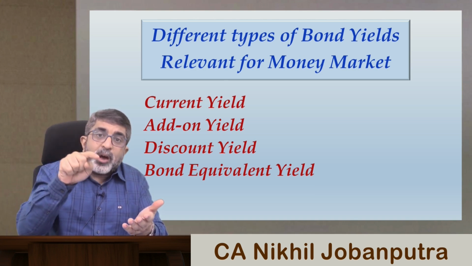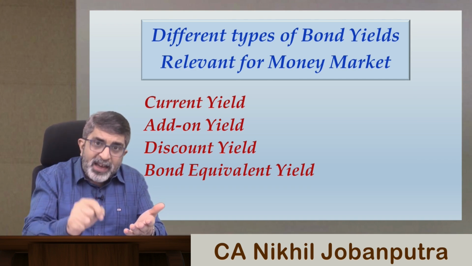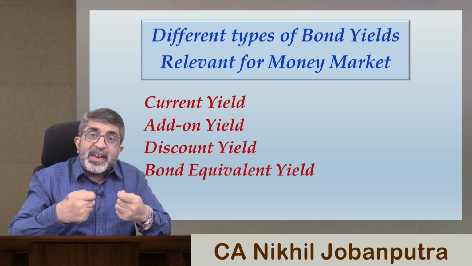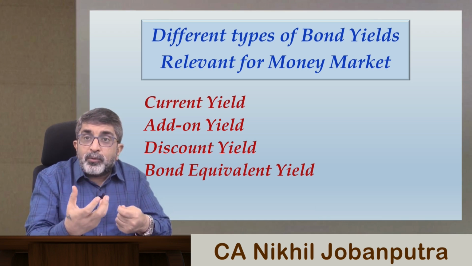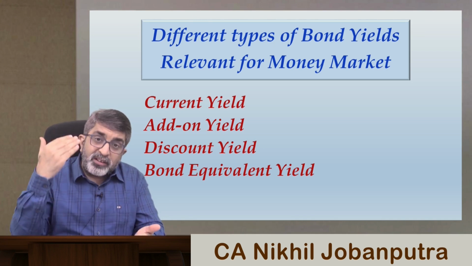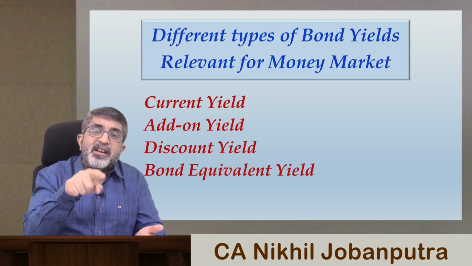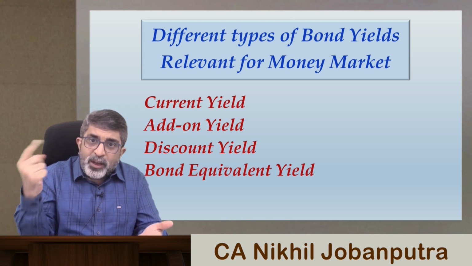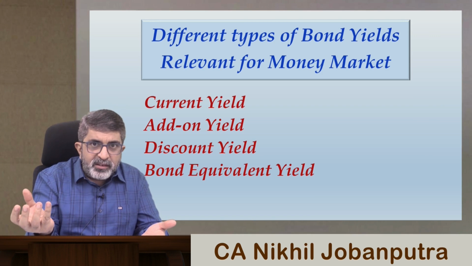That is why the discounted value is $980. But if you look at it from the investor's perspective in the bond market, the investor would think this way: I am making an investment of $980 today, and I am going to get back $1,000 after a certain period.